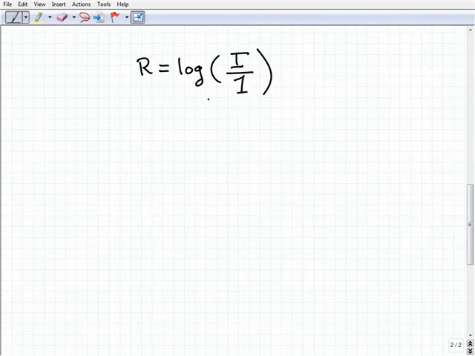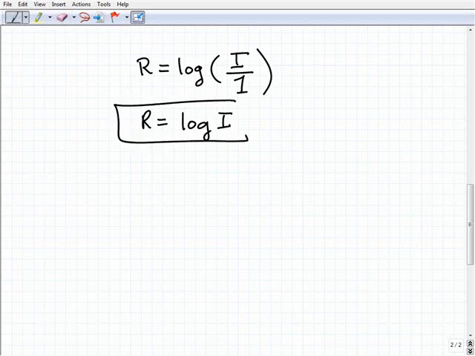So the equation simplifies to log of I over 1, or simply R equals log I. For the purposes of this problem, just go ahead and use this formula, R equals log I. If we have a 6.0 magnitude earthquake on the Richter scale, we're going to have 6 equals log I, where I is its intensity.